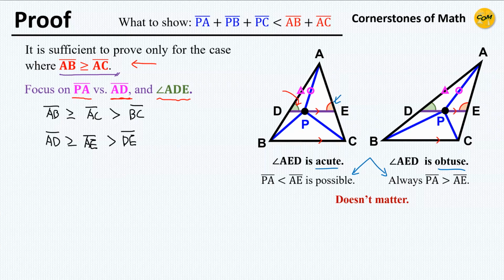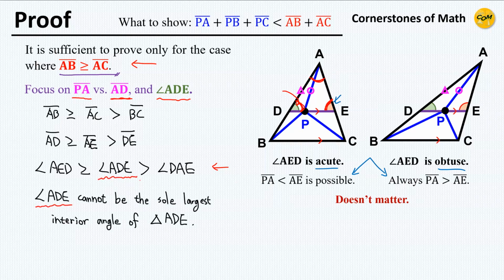similarity. Therefore, as for their respective opposite angles, we have angle AED is greater than or equal to the angle opposite to AE, which is angle ADE, and this is greater than the angle opposite to side DE, which is angle DAE. This can be verified in many ways, for example, either by using the circumcircle of triangle ADE or by using the law of sines, so I am not going to explain in detail here.